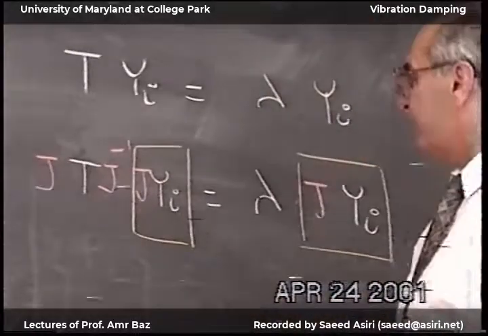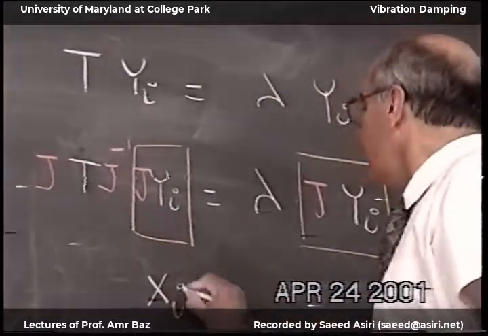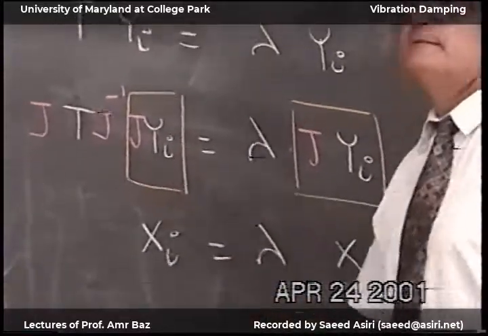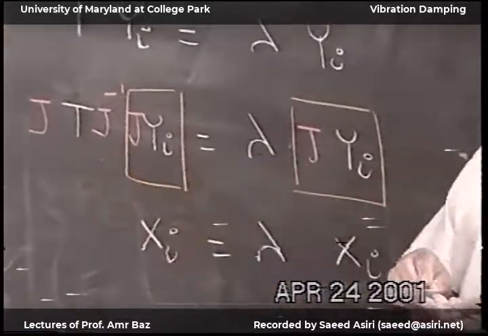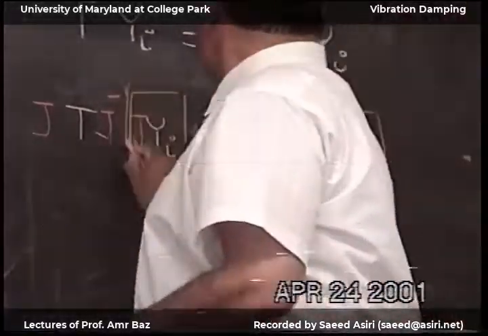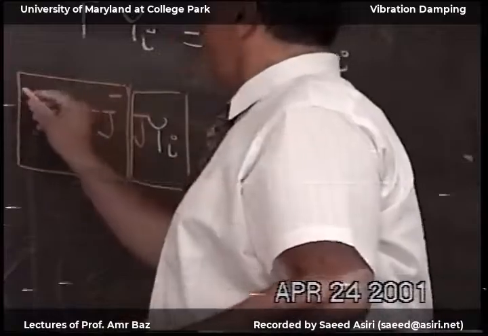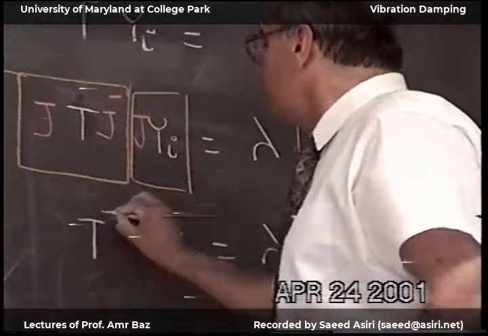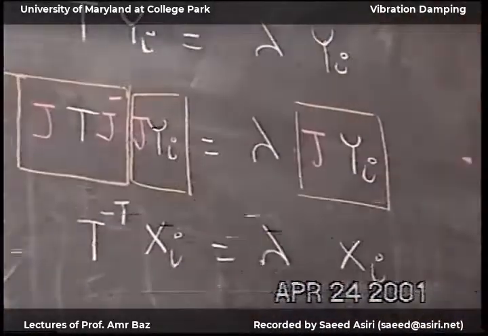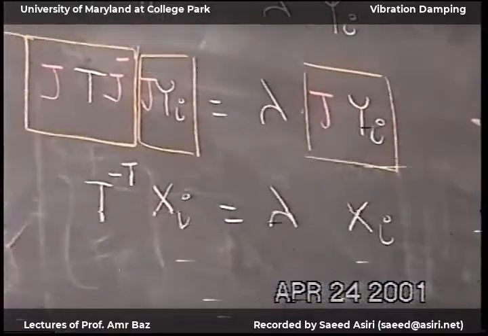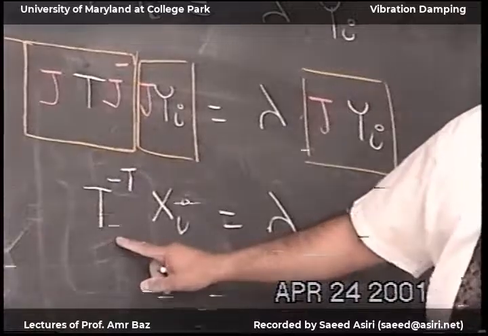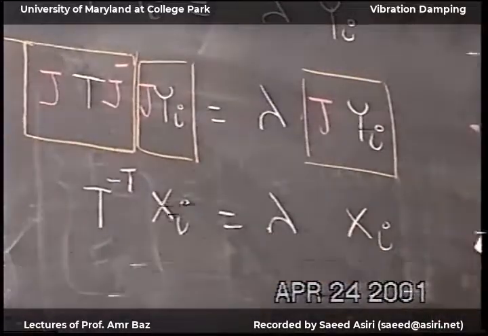Now I'm going to group these. I'm going to call this xi. This matrix now I can replace from here. So this will be T inverse transpose. I'm going to multiply this last equation by T transpose.